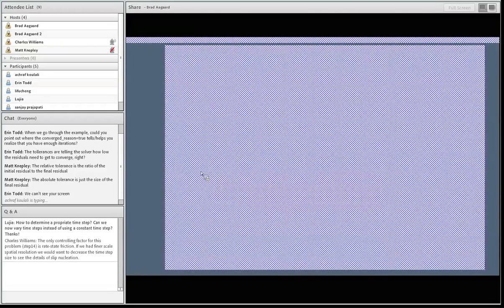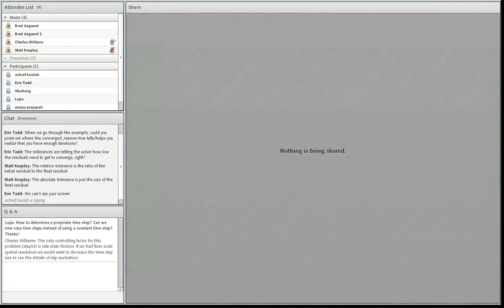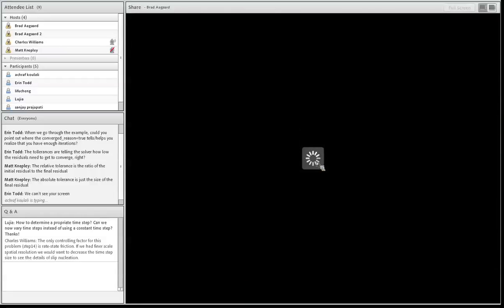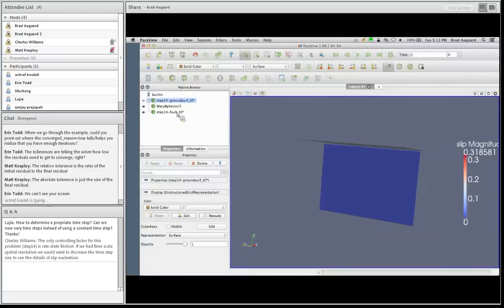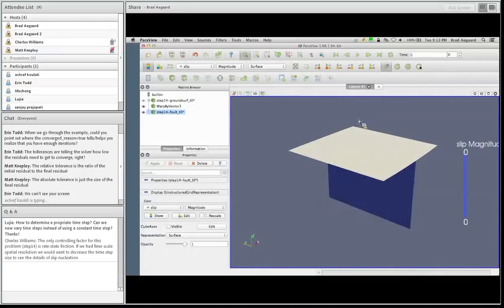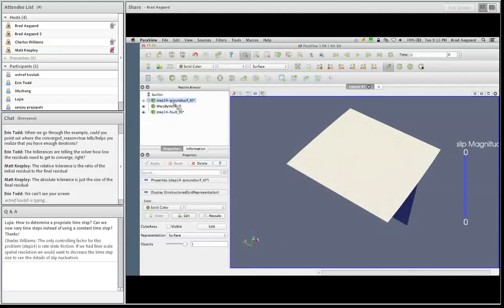And so let's look at the output. I'm going to try and see if I can get away without reloading. Yes. So in VTK files, because the files changed, ParaView did recognize that, and I didn't have to delete them. So here's our ground surface. I want to make it wireframe again.